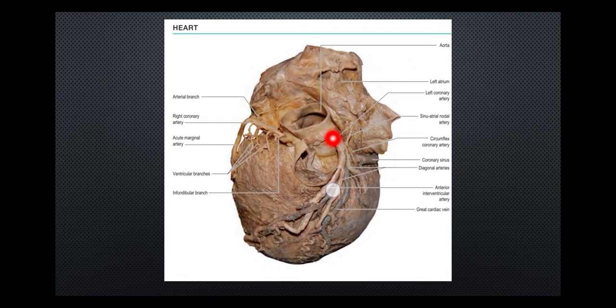This is the aorta, and arising from it is the left coronary here, giving off the circumflex there, and then we have the right coronary arising from here, which gives off the marginal branch later on.